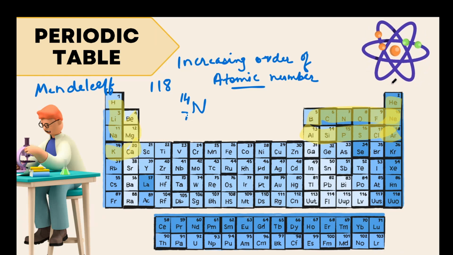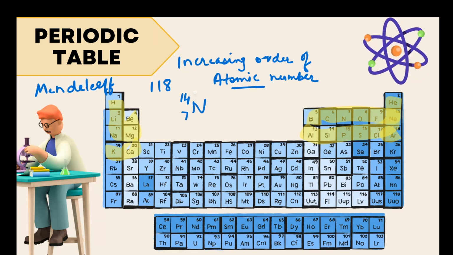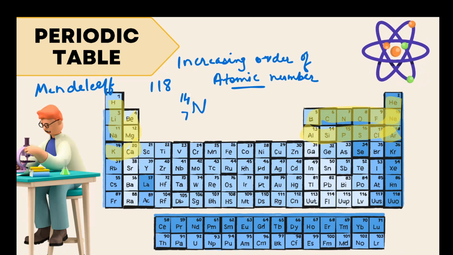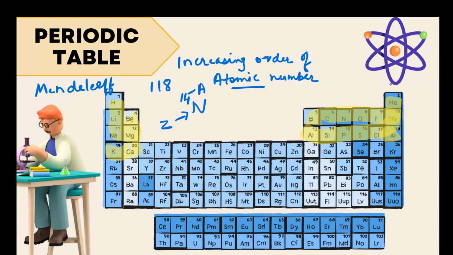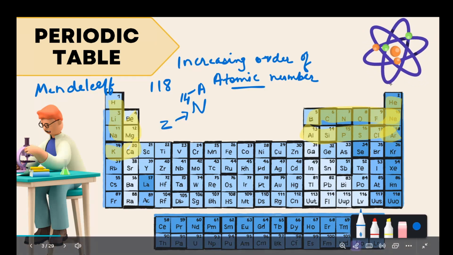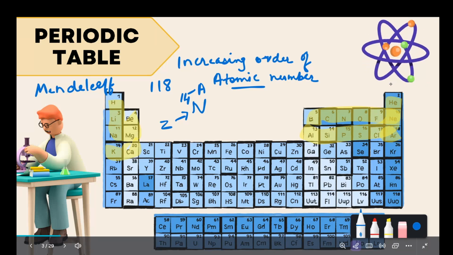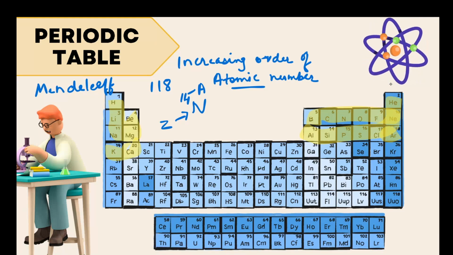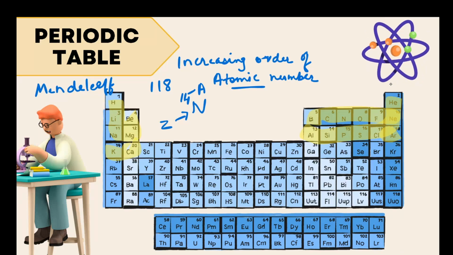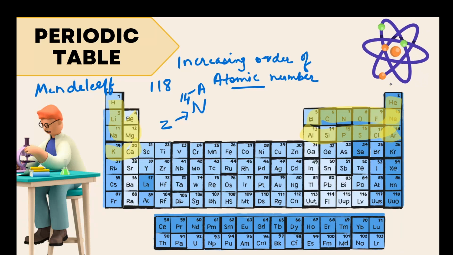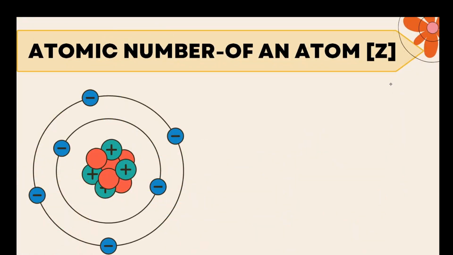So in this case, if I have to represent the mass number, you will always remember that mass number is written as a superscript, capital A, and atomic number is written as a subscript, that is capital Z. So this is what you need to remember: the symbol of the element, where the mass number is written as a superscript and the atomic number is written as a subscript.